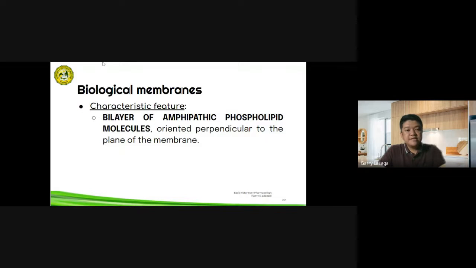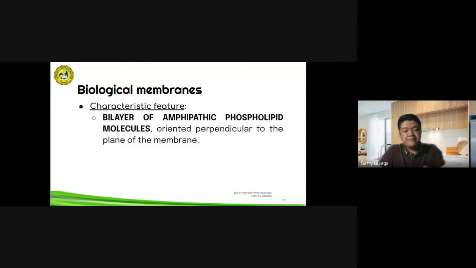The characteristic feature of biological membranes includes a bilayer of amphipathic phospholipid molecules that is oriented perpendicular to the plane of the membrane. Again, when we say bilayer, it is composed of two layers.